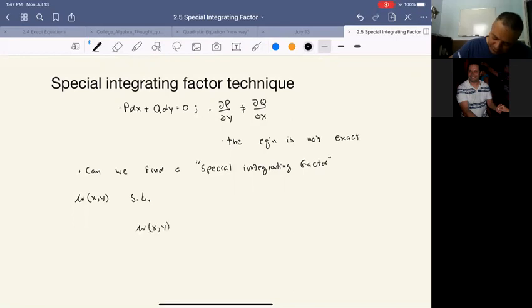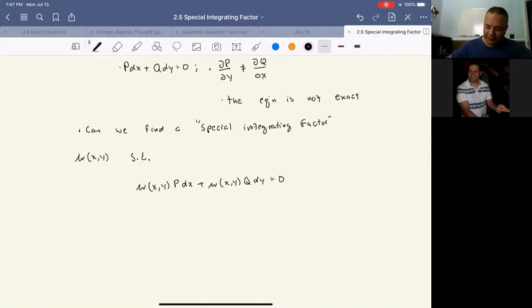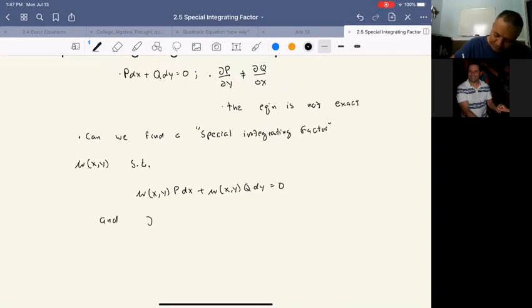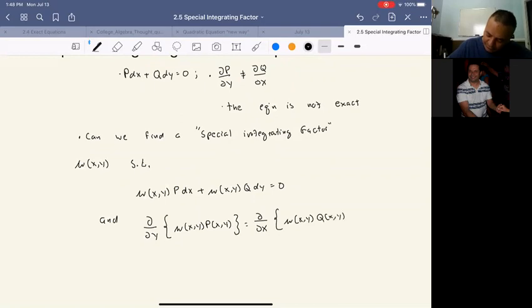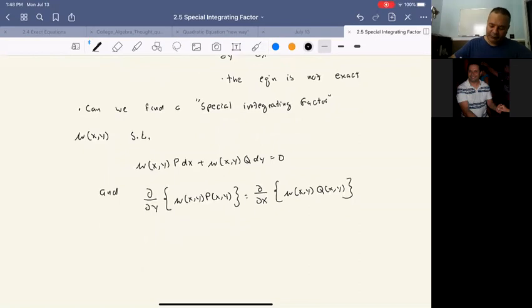Mu of xy p dx plus mu of xy q dy equals 0, and the partial with respect to y of mu of xy times p, which let me write the dependence there, equals the partial with respect to x of mu of xy q of xy.